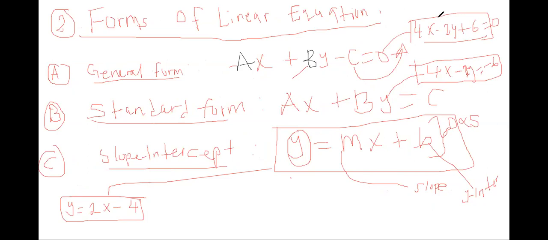The consistency is still there because we have two variables here, and the highest power still is 1. The power here is 1, and the power here also is 1. Still, they are linear equations. It's just that they keep twisting them, moving one variable to the other side, or moving a constant to the other side.